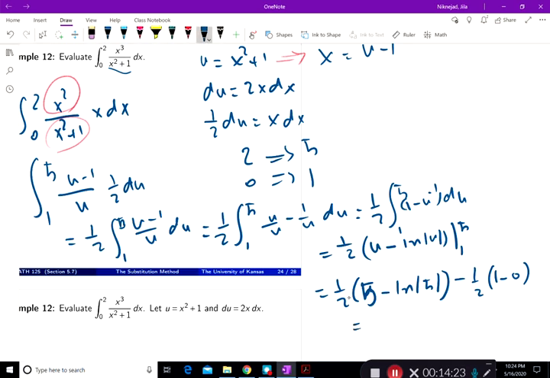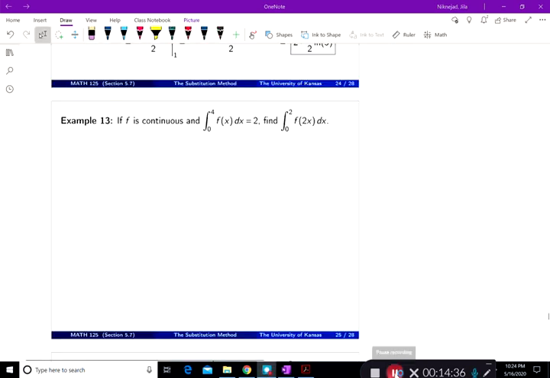And so 5/2 minus 1/2 will give me 4/2, which is 2, minus 1/2 of natural log of 5 is the answer.